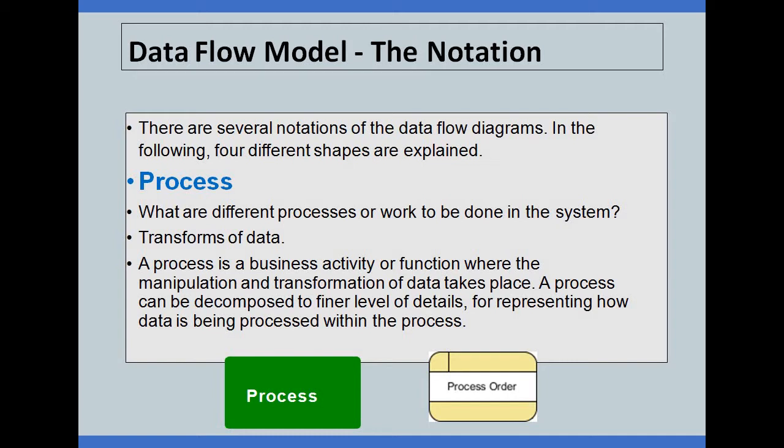A process can be decomposed to a finer level of detail to represent how data is being processed within the process. As shown in the slide, this is the notation of process.